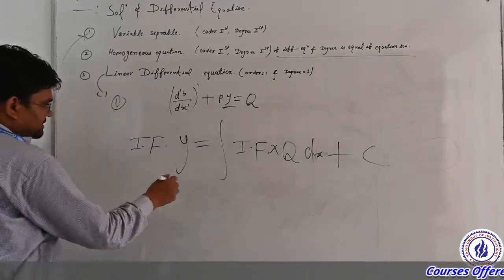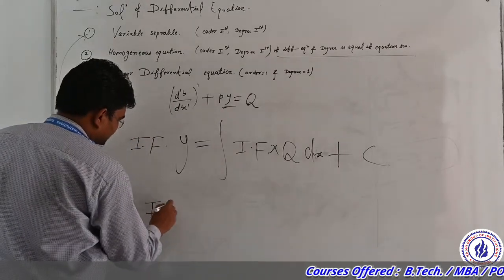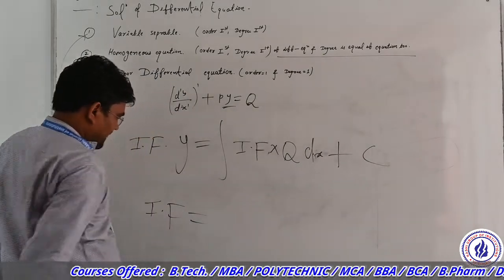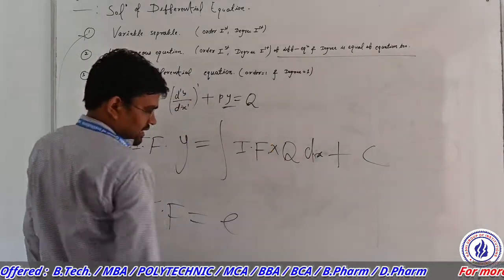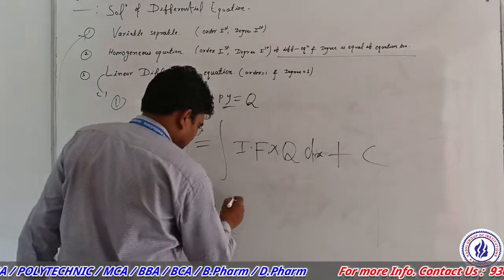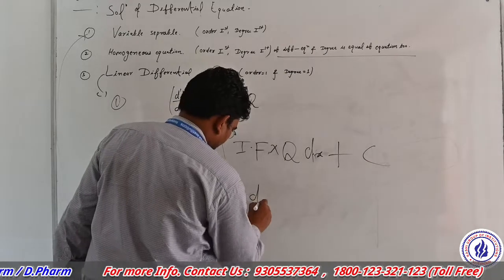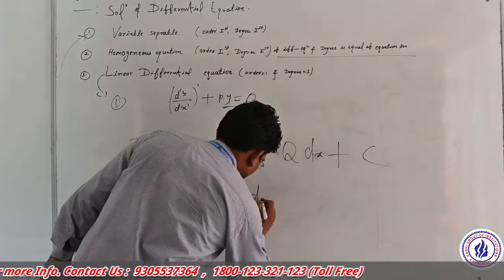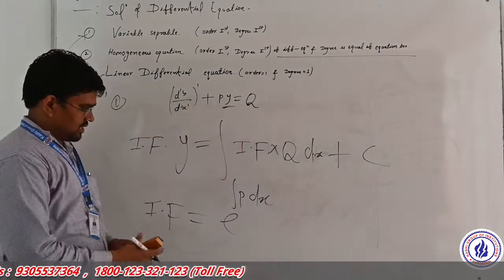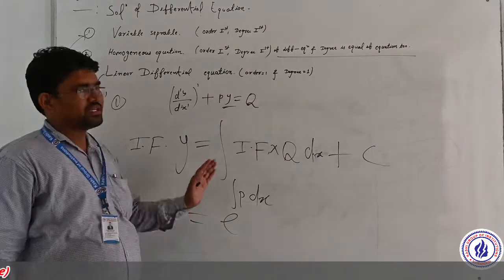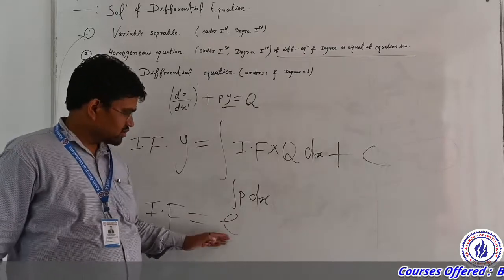Now see what IF is. Its full form is integrating factor, and that will be e power p dx. All of you remember that: e power p dx means you have the value of p integrated, as the power of e.